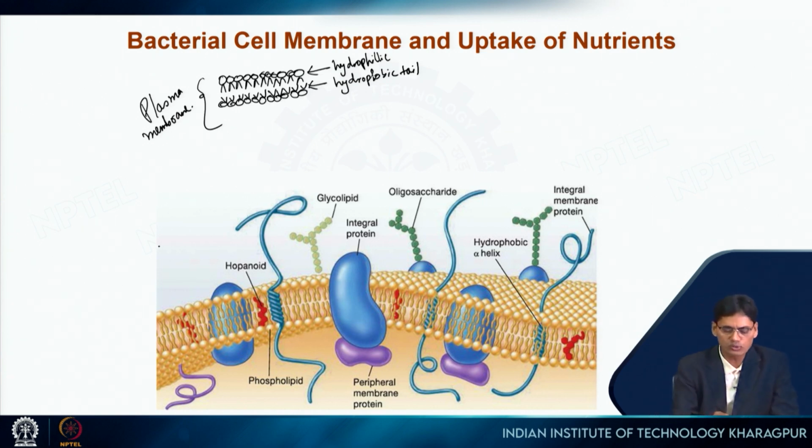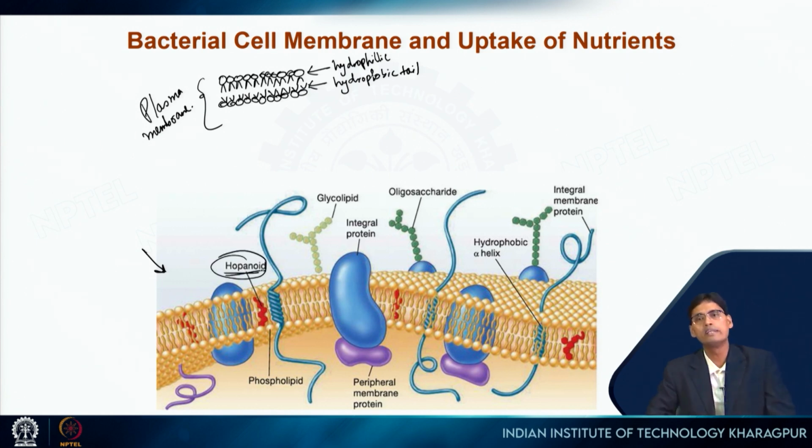Here, as you can see, we are showing a much more complex organization present in the plasma membrane. There are many things like glycolipids, oligosaccharides, and integral membrane proteins present on the membrane itself. As you can see, in red color is mentioned hopanoid. I would like to mention here that in eukaryotic cells, as you know, we have sterols.